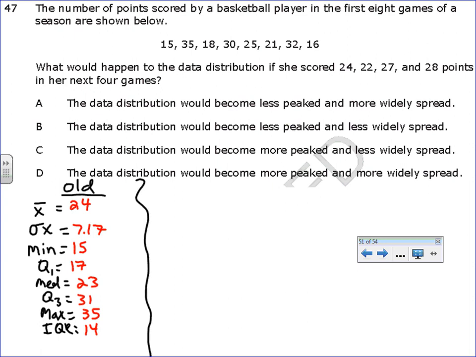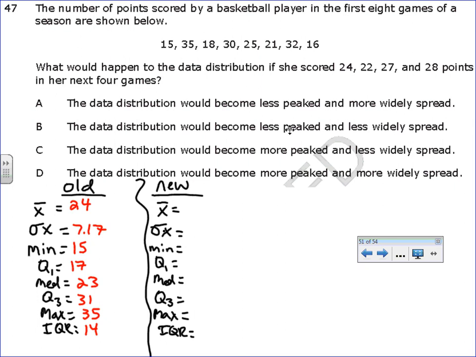And then I went back in, added those other values, and recorded it again. So min, Q1, median, Q3. Remember, IQR is my Q3 minus my Q1, max, and my IQR.